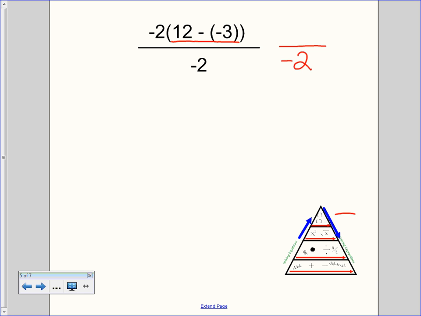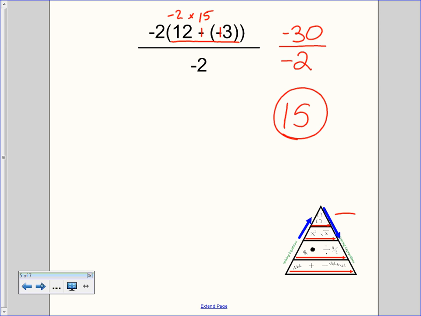We have to get one number to go up there. 12 minus a -3, I'm going to double dash so that I've got 12 plus 3, which gives us 15, times our -2. -2 times 15 gives us our -30. Now the only problem left we have is -30 divided by -2 gives us a +15, which is our solution.